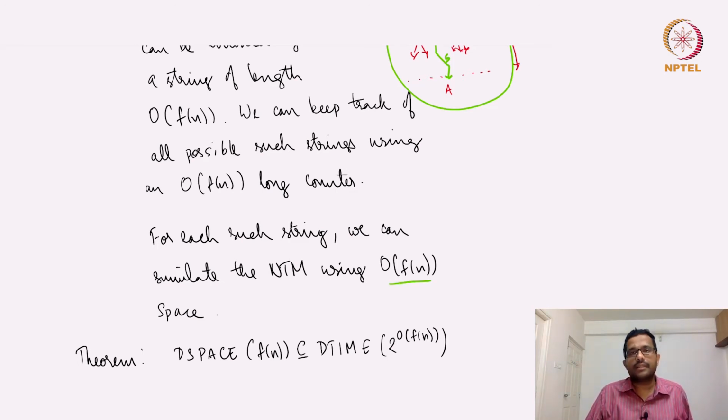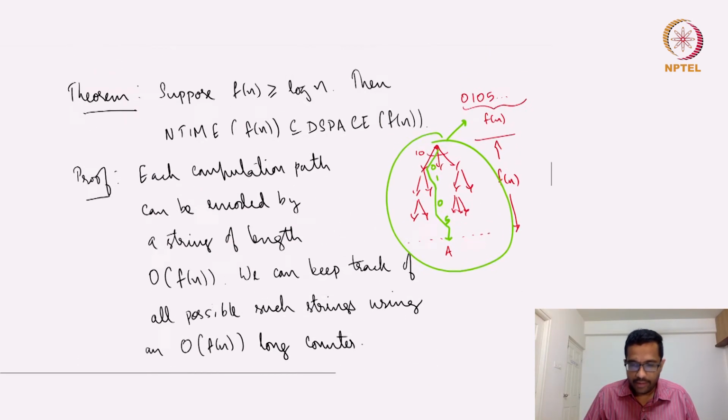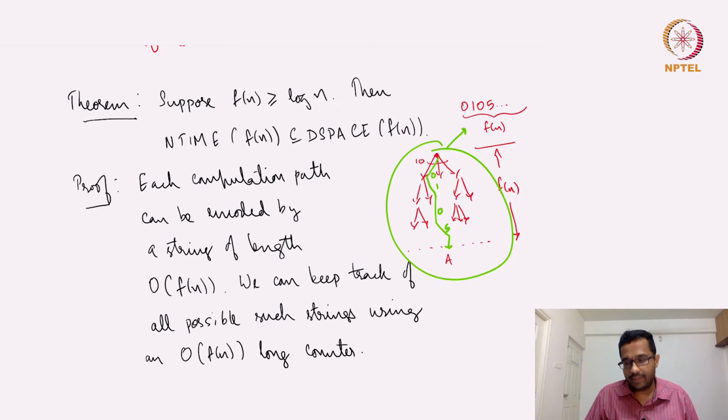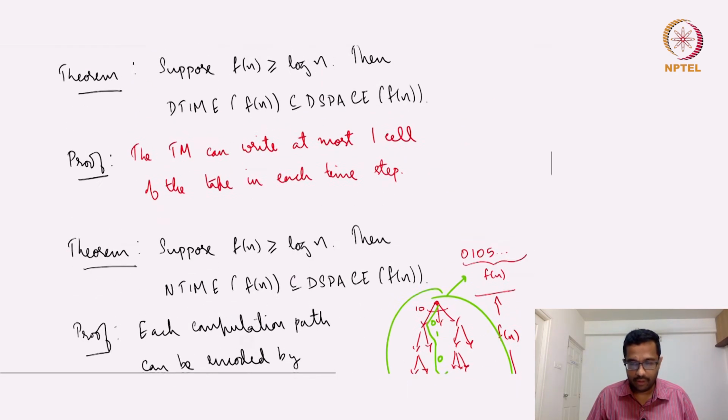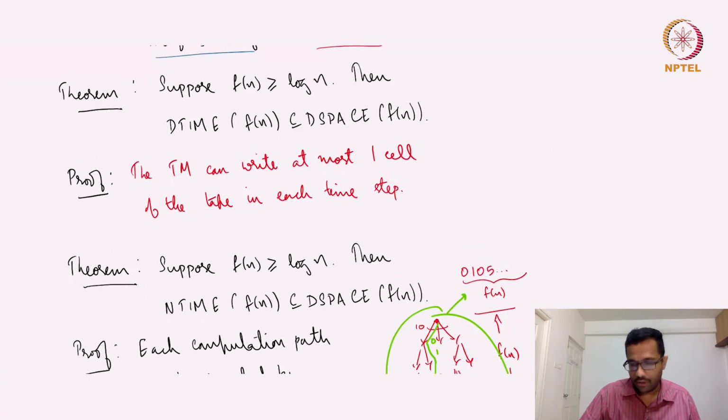So the extra space required is also order f(n), and each computation takes order f(n) time, so it's also order f(n) space. So NTIME f(n) is contained in DSPACE f(n). Non-deterministic time f(n) is contained in deterministic space f(n). What we saw previously also follows from this: DTIME f(n) is obviously contained in NTIME f(n), so it's also contained in DSPACE f(n).